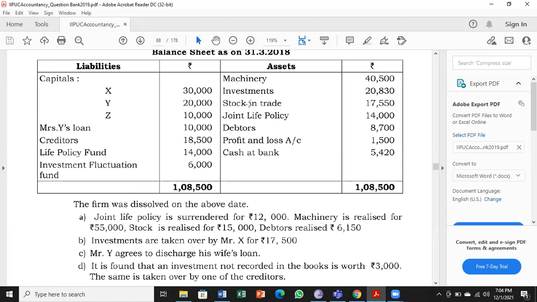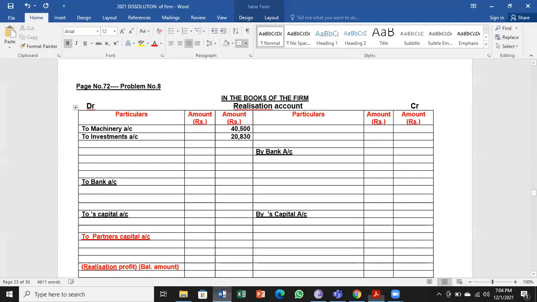Let me take then stock in trade and joint life policy. To stock in trade account, 17,550.